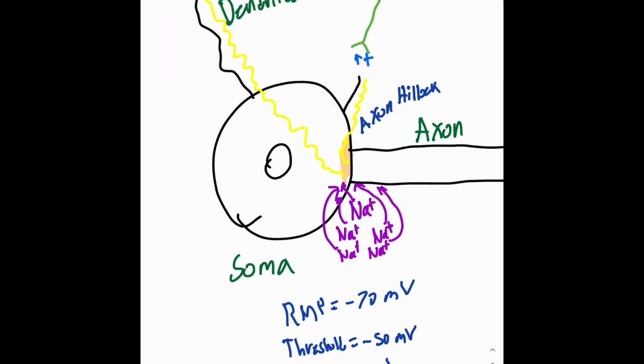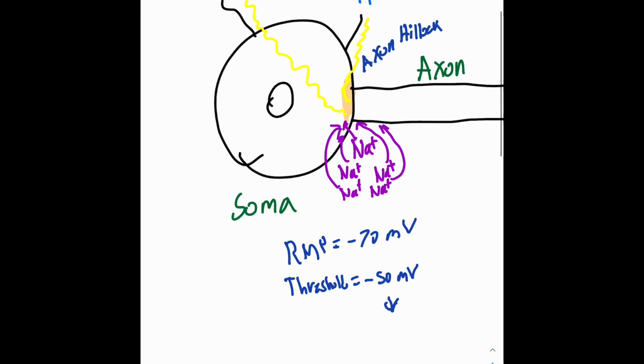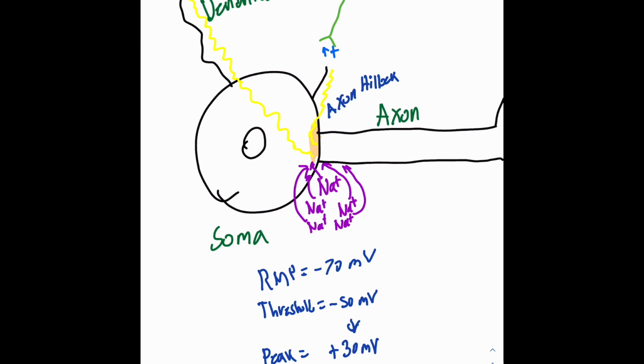So from here, at its peak, it could be a voltage of plus 30 millivolts. Let's say this is the peak. So now that sodium has rushed in, we can see that the electrical current continues down the axon.